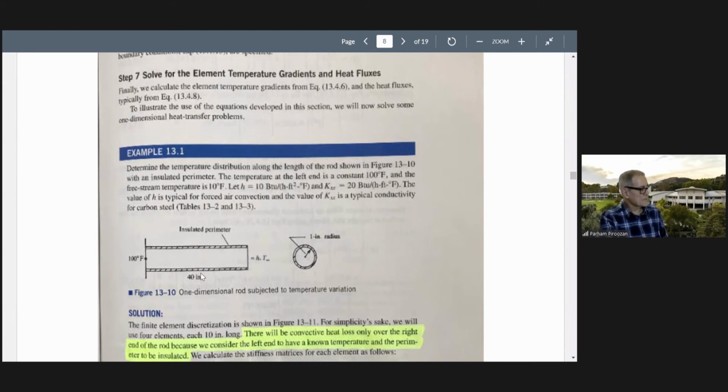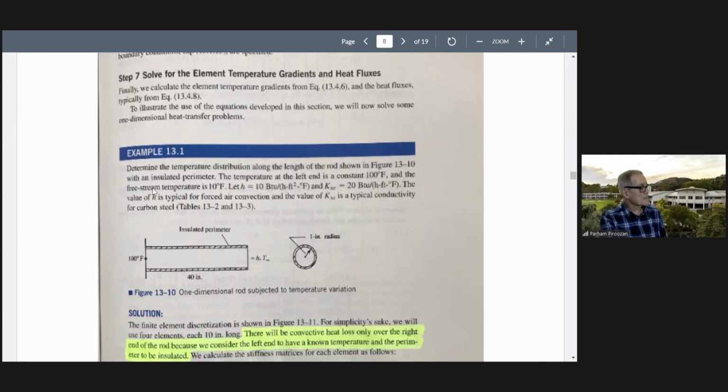It's insulated, 40 inches long. This is the cross section, 1 inch radius. Insulation means there is no convection taking place from this surface. This node is at 100 degrees Fahrenheit. Convection is taking place from the tip of this element, whatever it is.